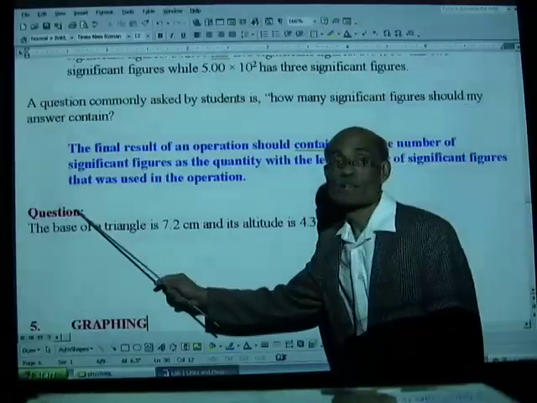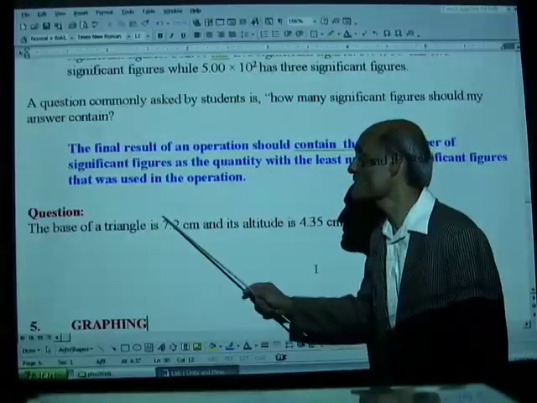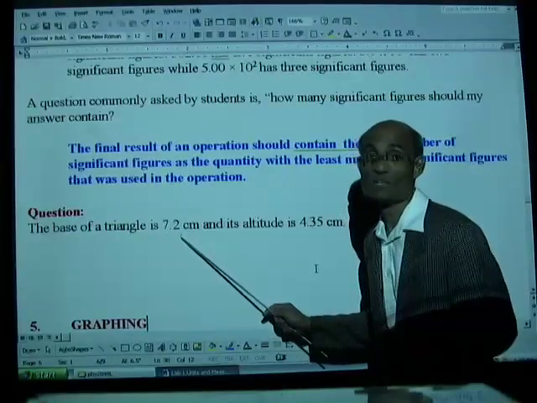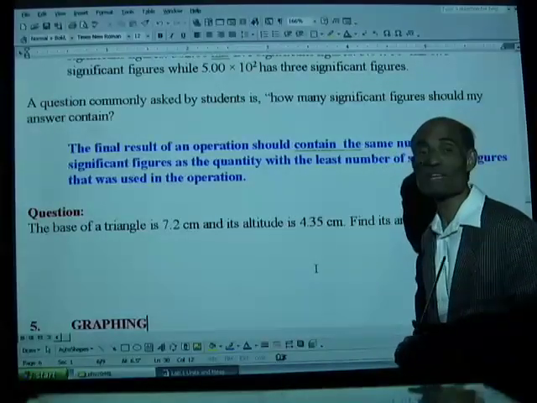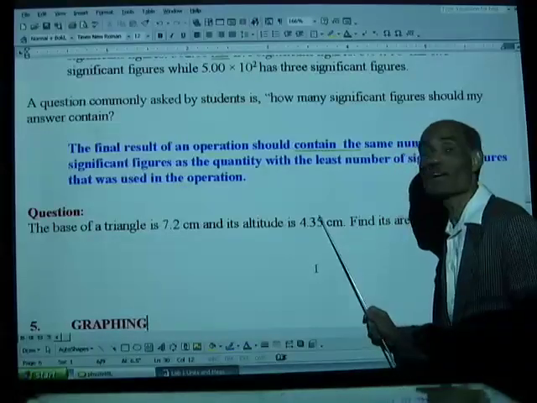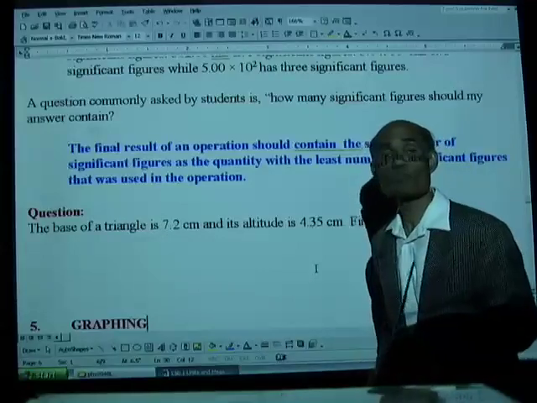For example, a question here, the base of a triangle is 7.2 centimeter. How many significant figures are here? 2. The altitude is 4.35 centimeter. How many significant figures are there? 3. Now, find the area of this triangle.